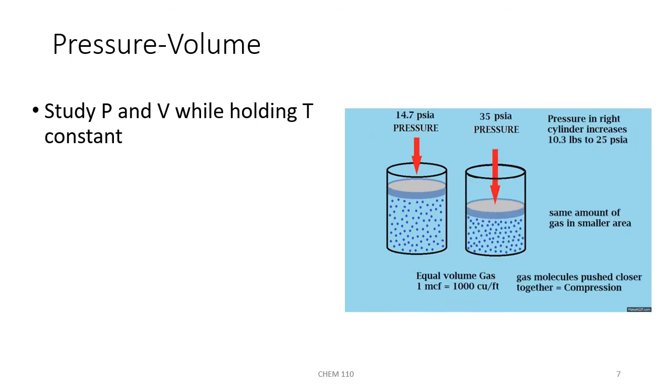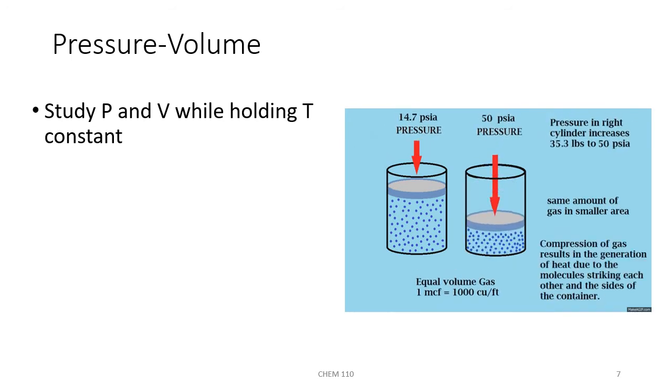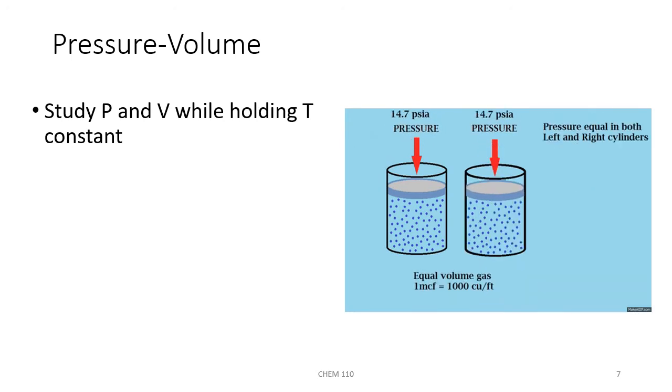We have 14.7 psi as the pressure on the left, and that gas is occupying some volume. We can see it's at kind of a big volume. What's going to happen when we push down that imaginary piston on the top and we decrease the volume of the gas? So we still have the same number of moles contained within that space, but now we're pushing it down into a smaller volume. And you can see it goes up and up and up.